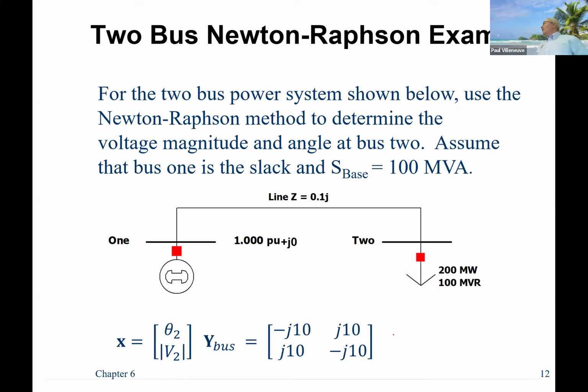So step number 1, let's solve for a Y bus. Remember, this impedance here needs to be converted to an admittance. And then to build our Y bus, the sum of the admittances all connected to bus 1, there's only one of them, minus the admittances between bus 1 and 2, and that's it.